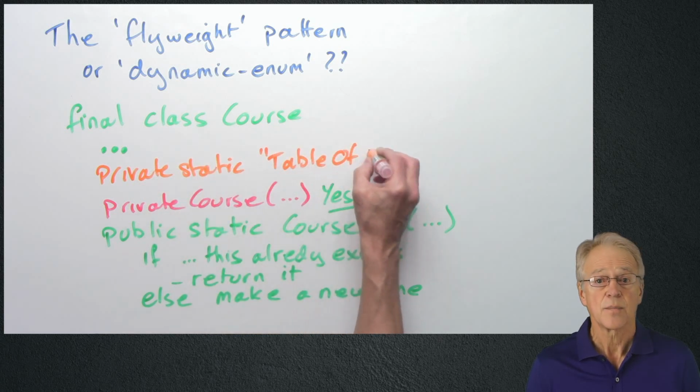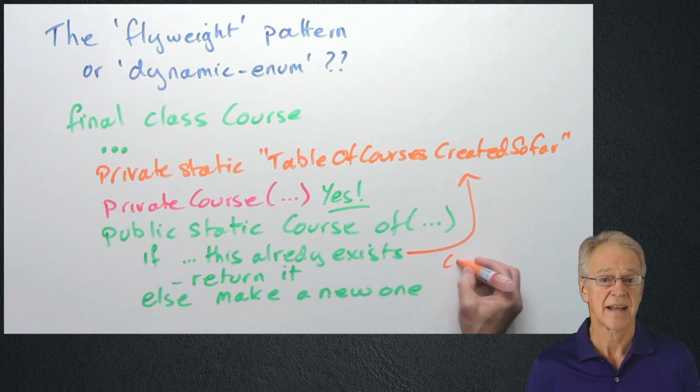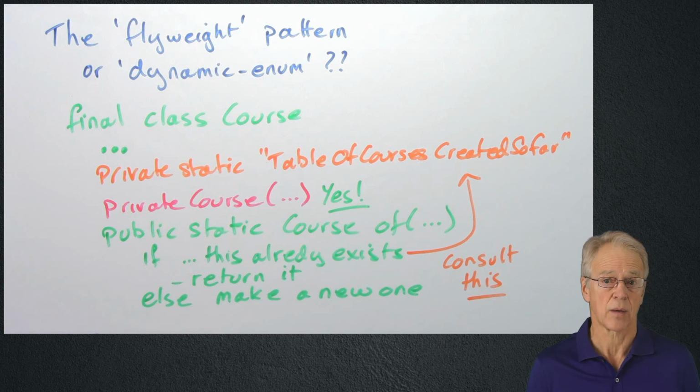This, in turn, means we need to keep track of all the objects of this type we create, and do so in a way that lets us find out if an already created object matches the current request, so we can return it directly rather than making a new one.